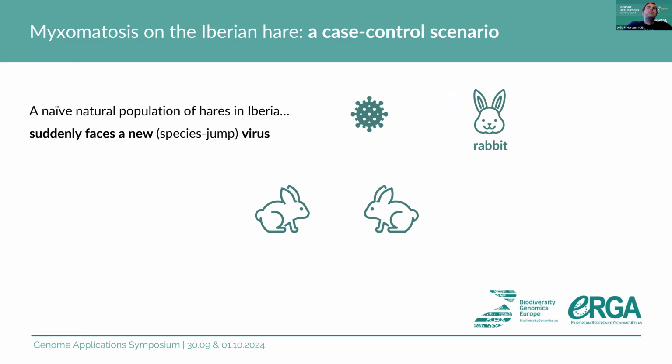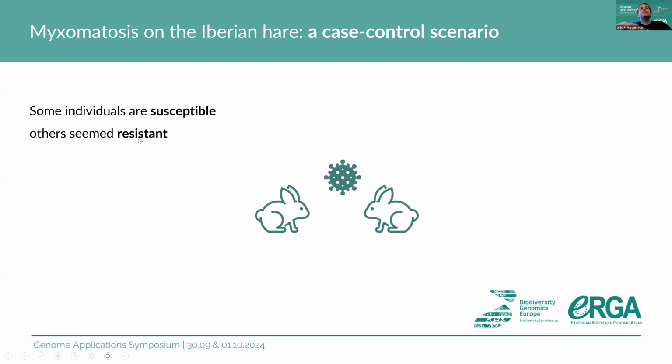This virus came from the rabbit, and what people started to see in the field was that some individuals looked resistant to the virus and others susceptible. So when we designed the case study, it was simply to compare the resistant ones with the susceptible, but we know that these kinds of things are much more complicated.